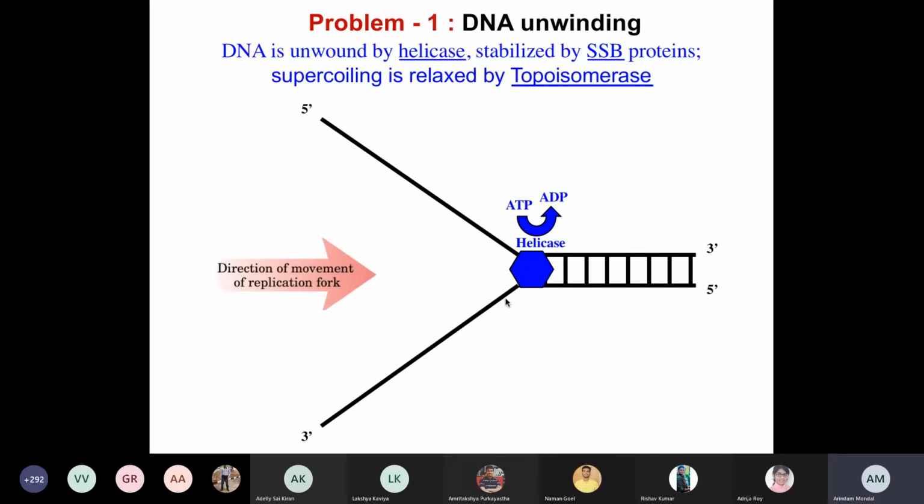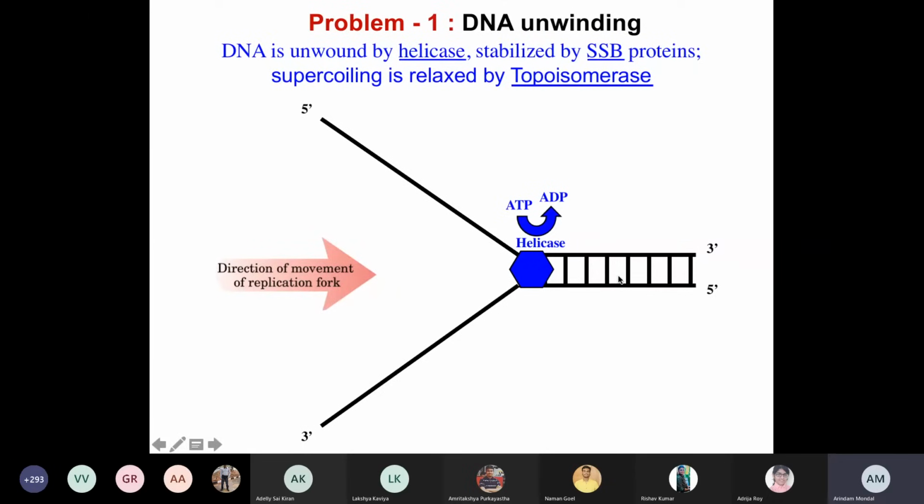It will introduce supercoiling. As you keep on separating the two strands from each other, it will introduce more and more supercoiling in this particular region, right?